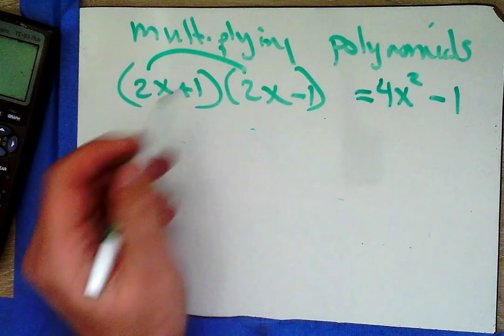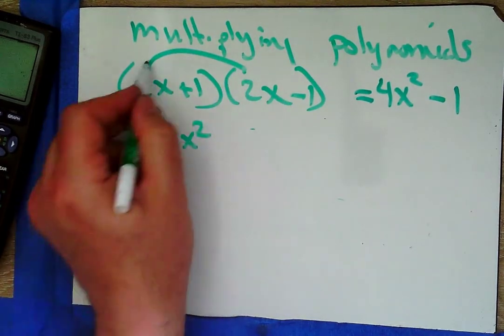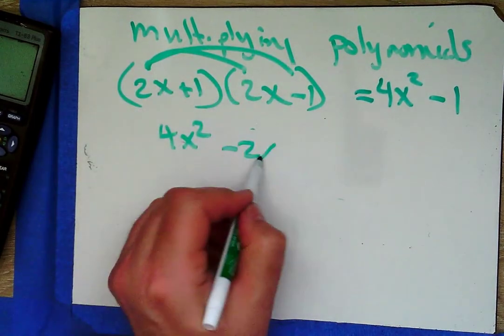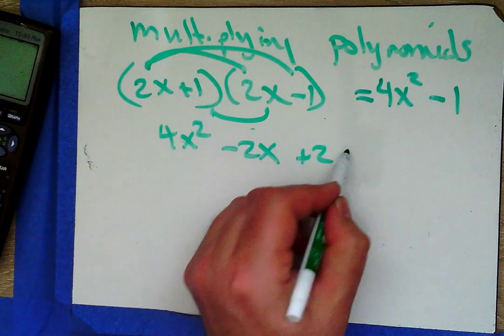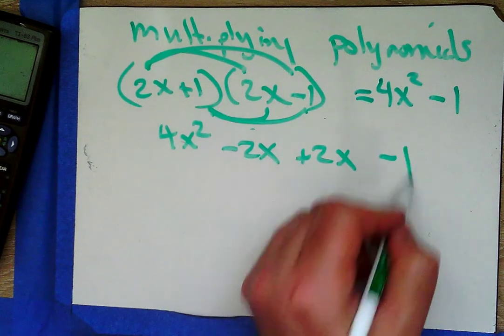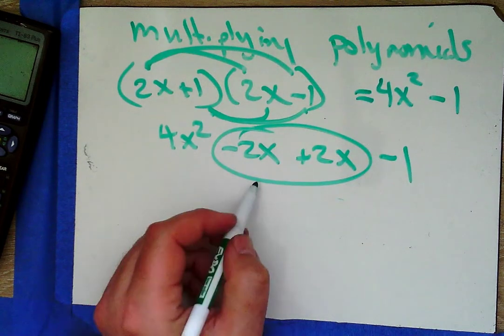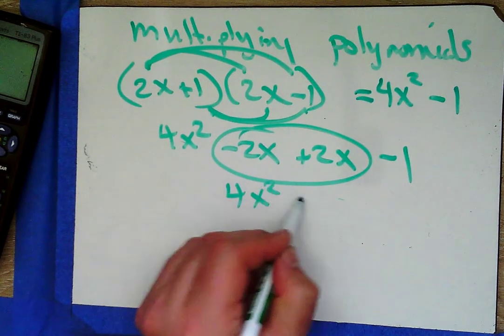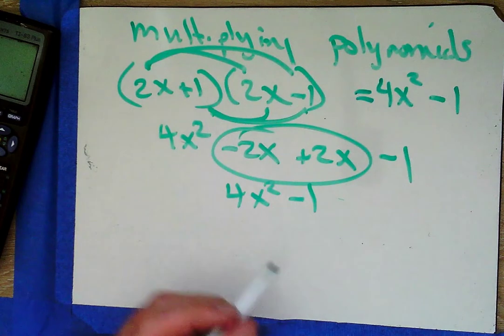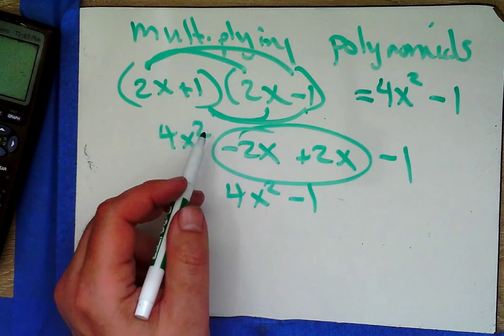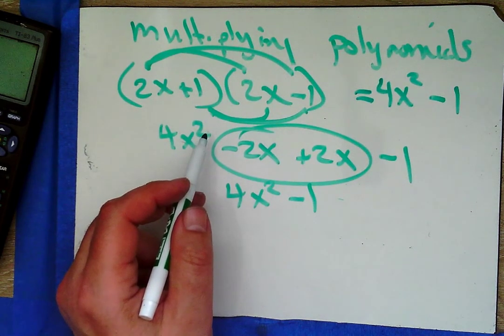Is that a problem? Did I make a mistake? Well, let's try the FOILing. 4x squared minus 2x plus 2x minus 1. These middle terms are opposites, so when I combine like terms, the middle goes away. This is that difference of squares we were talking about when we were doing conjugates.